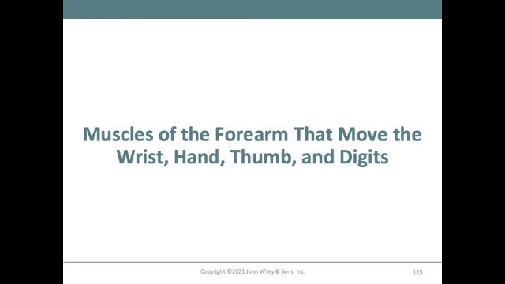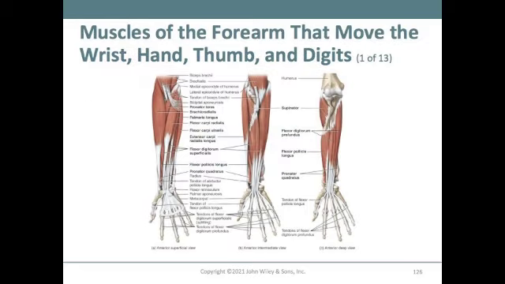Muscles of the forearm that move the wrist, hand, thumb, and digits. Page 385, and then going on to figure 11.17, page 387. So look at how complex this gets. In your hand, you have muscles that are, for lack of a better term, clumsy, but strong.